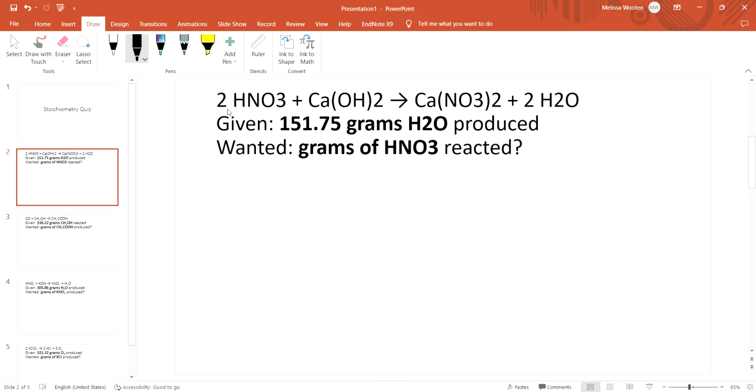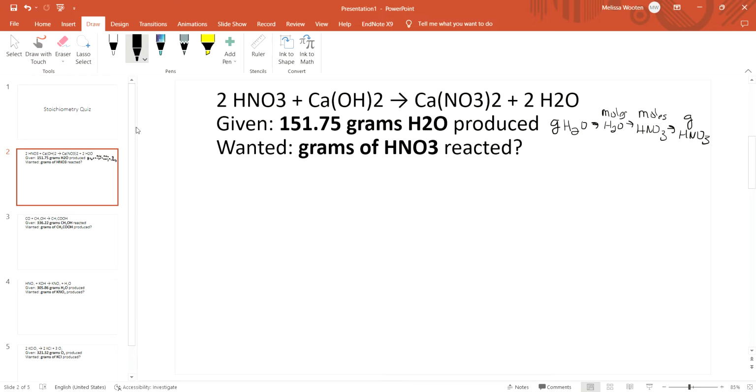And so remember that we're going from grams of water to moles of water, because our balanced chemical equation is in moles. And then we have to get to moles of HNO3. Then we have to go to grams of HNO3.